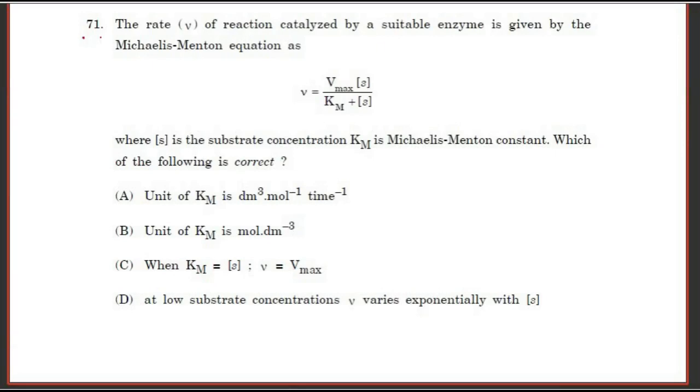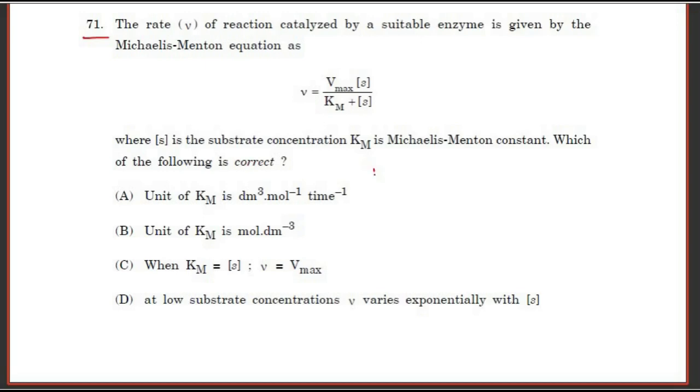Question number 71. For the enzyme catalyzed reaction, the Michaelis-Menten equation has been given. It's V equals Vmax into S divided by Km plus S. Which of the following is correct about the unit?